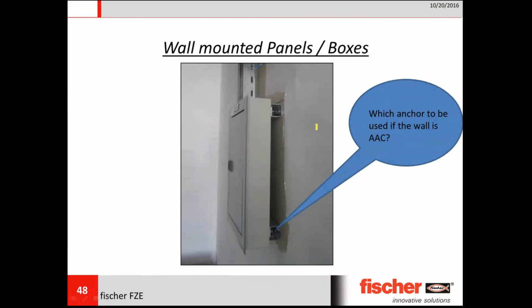Now, if this wall was made of AAC blocks, white blocks, autoclaved aerated concrete blocks, how would you connect this panel? Which anchor would you have used? Mr. Sachin, yes.